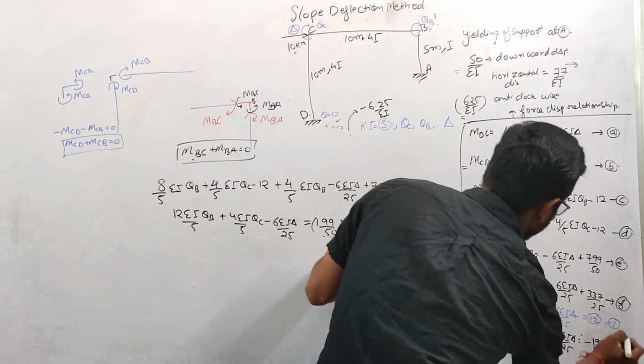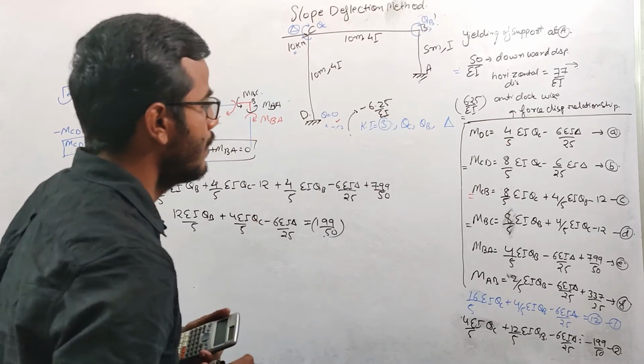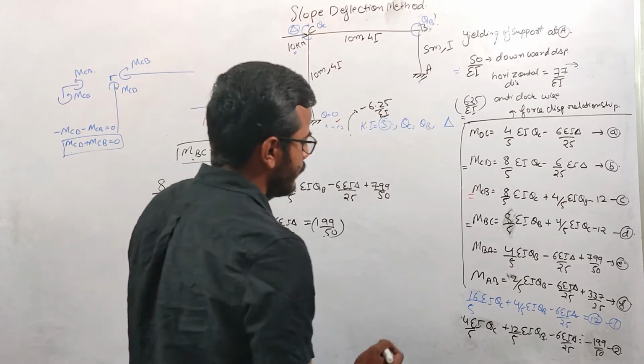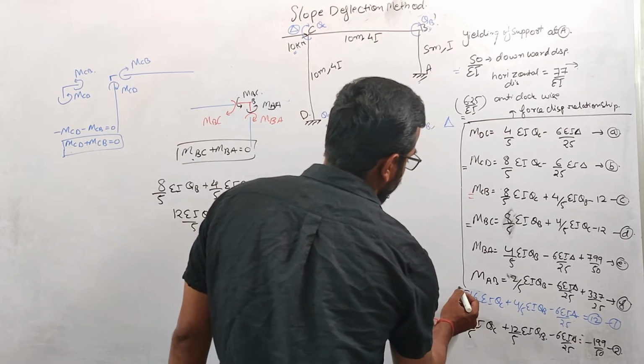So this is the equation number 2. Okay. So now we have 3 unknowns, but we are getting only 2 equations.